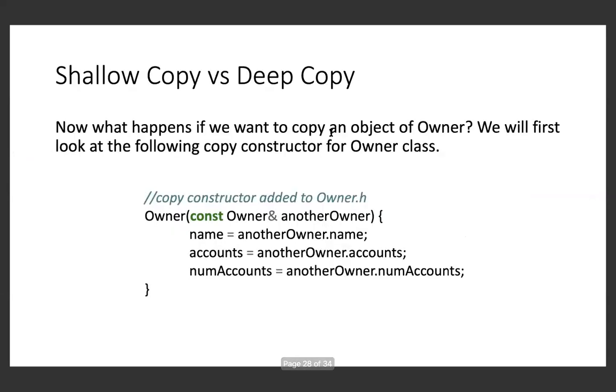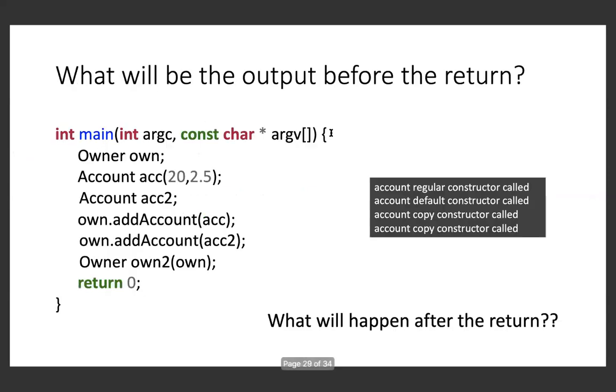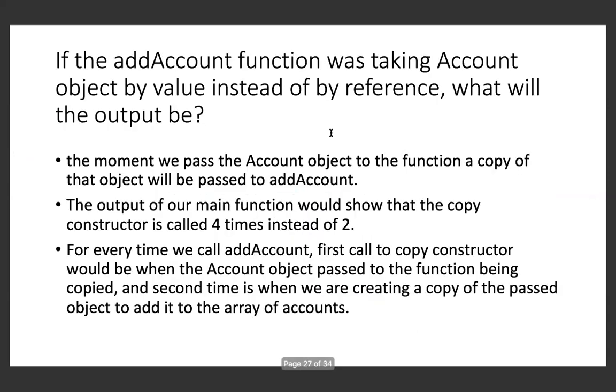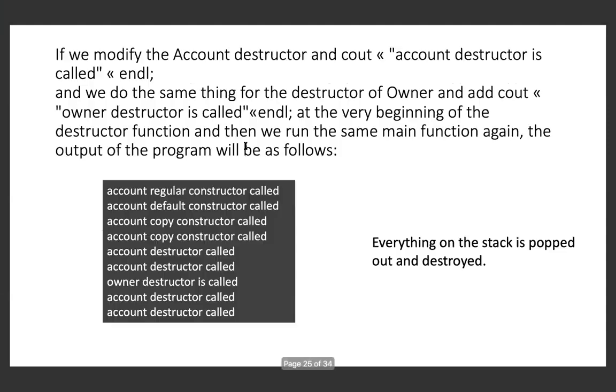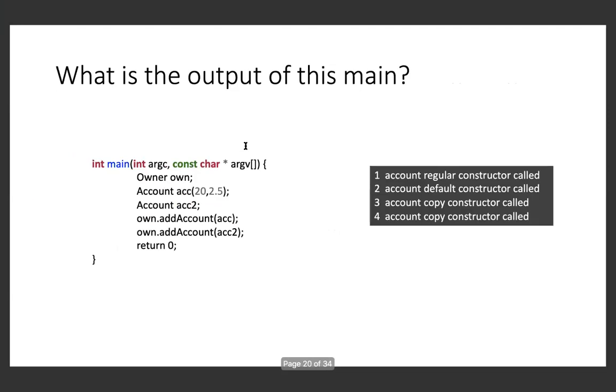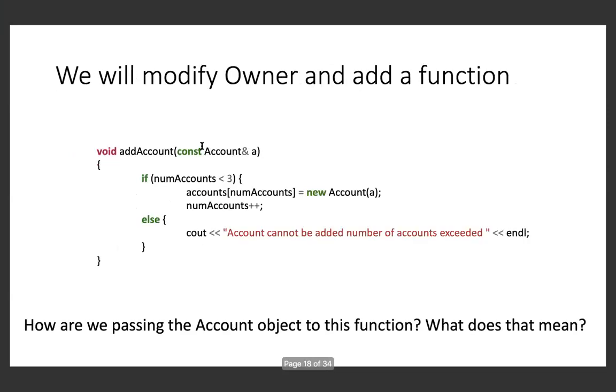Here, I'm asking: if the add account function was taking things by value and not by constant reference, how would the output change?